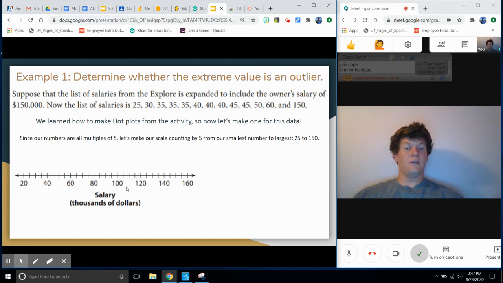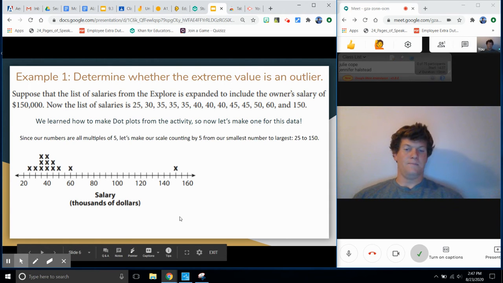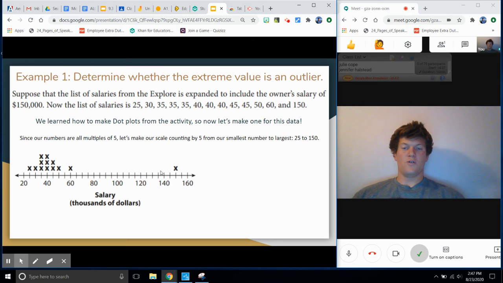Now, technically, this is going to be a line plot because I'm going to use X's instead of dots, but I'm going to put a marker down for each one. So there's my 25 here on 25. I had 130, 3 35s, 3 40s, 2 45s, a 50, 60, and a 150. So the rest of those points look like this. There's my distribution.